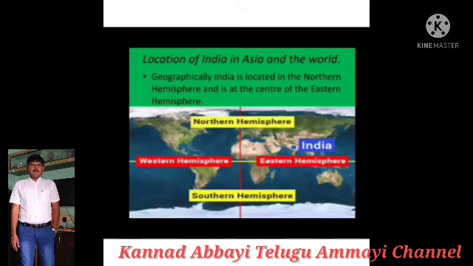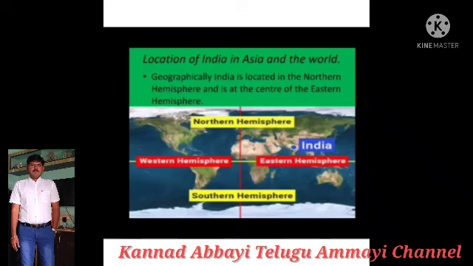There is a red vertical line which passes from north to south. That divides the earth into 2 hemispheres, the western hemisphere and the eastern hemisphere.